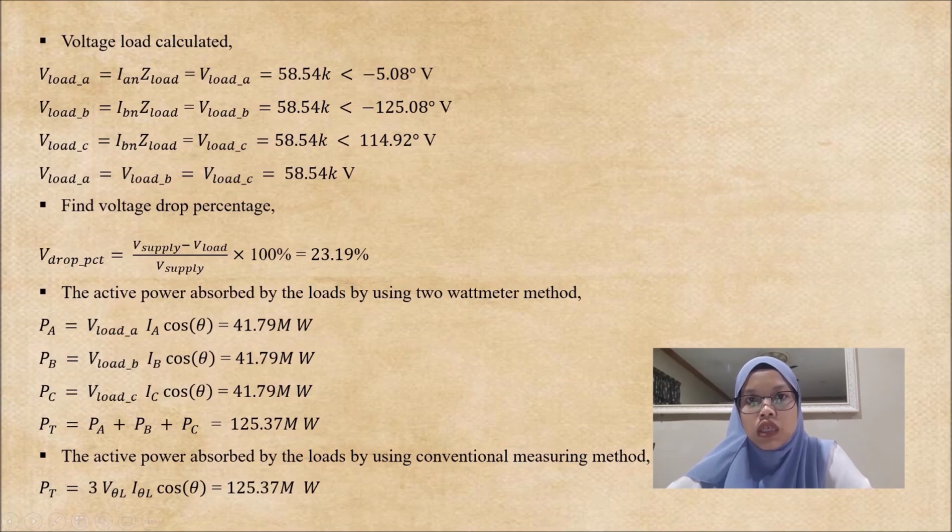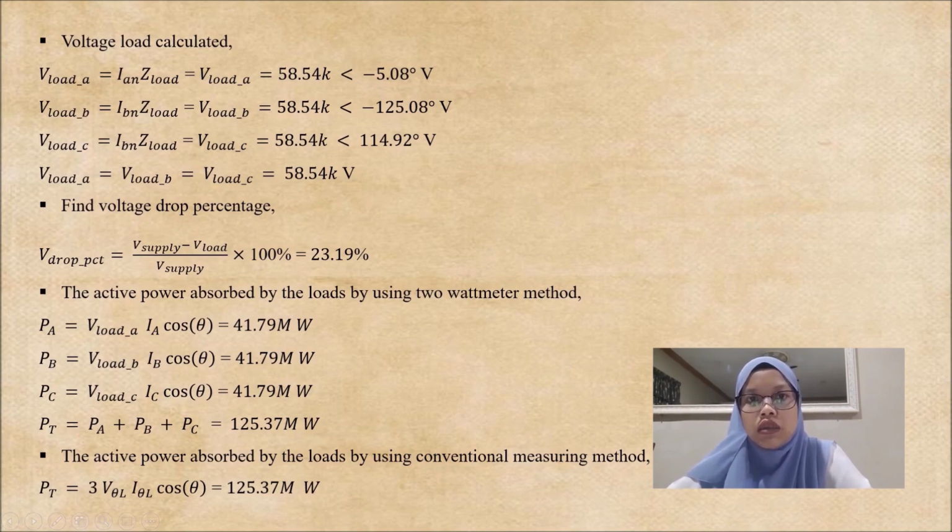To calculate the voltage drop percentage, we need to find the voltage load at A, B, and C by using Ohm's law. So voltage load is equal to current times the impedance at load. After calculating voltage load A, B, and C, the value is equal to 58.54 kilovolt.